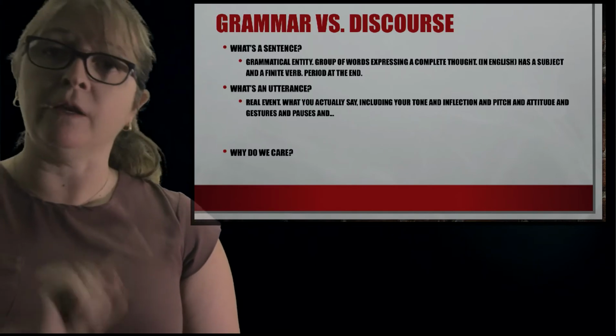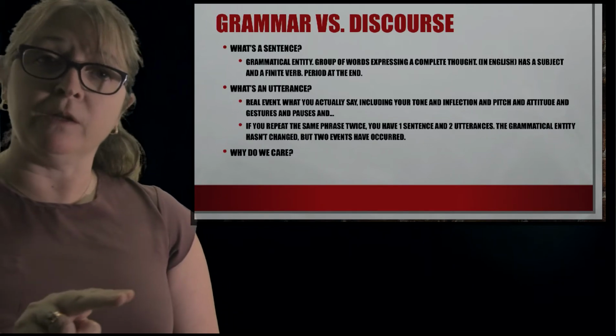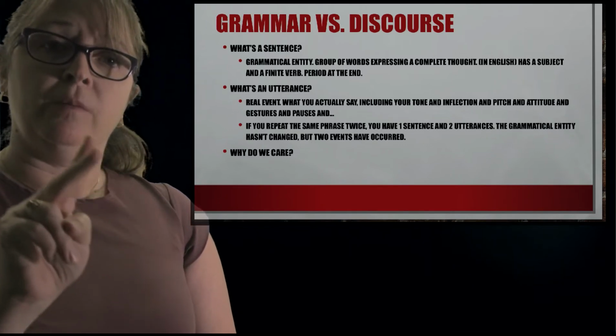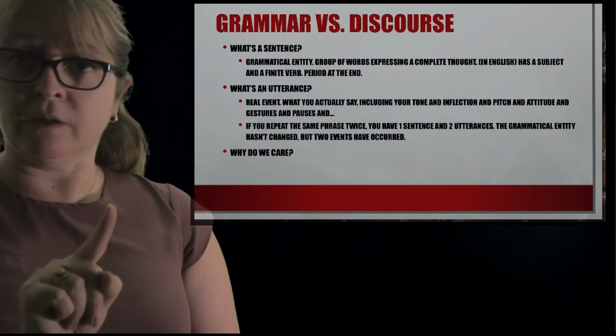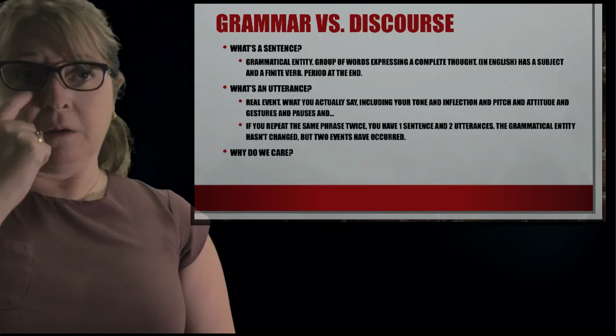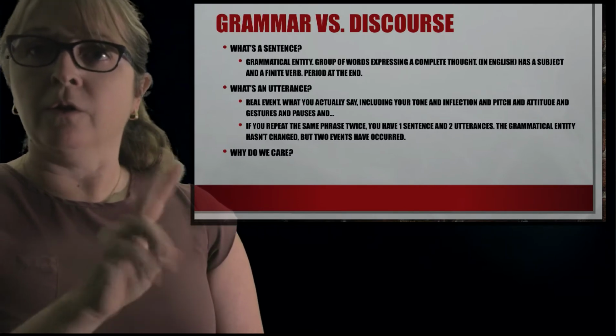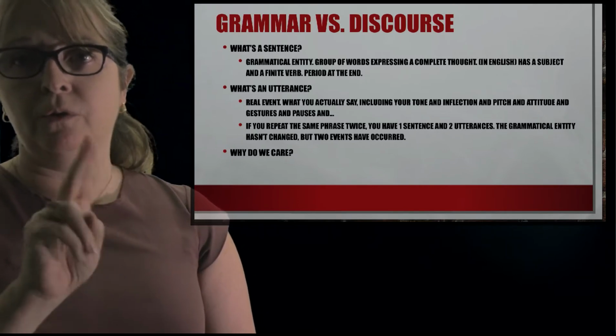Each time you say that sentence, it's a separate utterance. So if you repeat it, you'll have one sentence and two utterances. So the grammatical entity is the same, but there are two events that have occurred, two utterances.